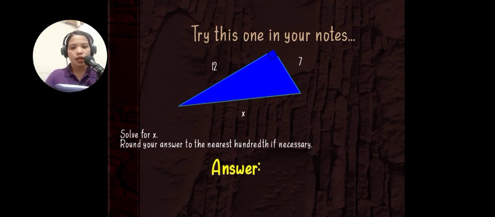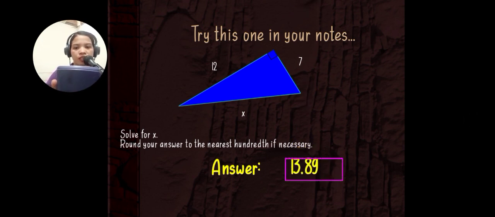So, the square root of 12 squared plus 7 squared is equal to, what's your answer? 13.89. So, that's correct. 13.89.